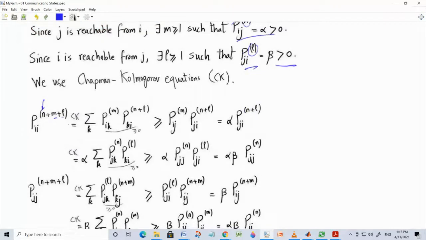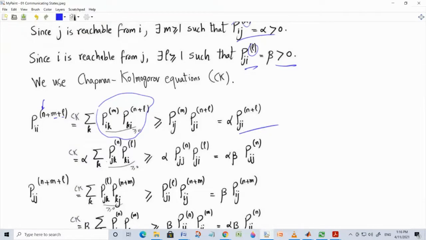We can write this using the Chapman-Kolmogorov equations. So it's a summation: you go from i to k in n steps, and then from k to i in l steps. These terms are all non-negative, and so this sum is lower bounded by just one term, which you can choose however you want, but here it is useful to use k equal to j, so that this becomes P_ij(m), which is alpha, positive, and then P_ji(n+l).